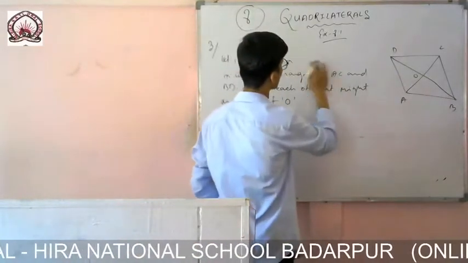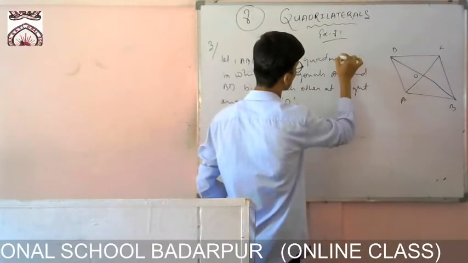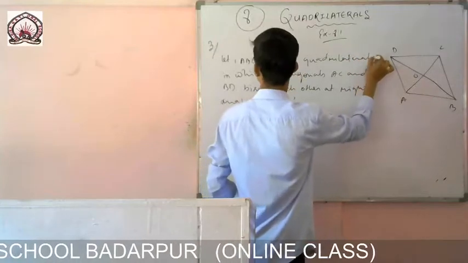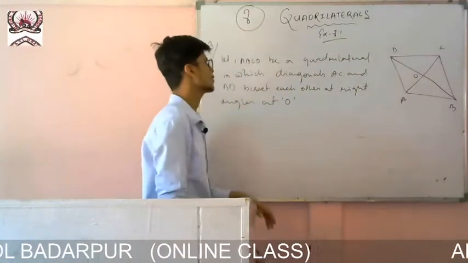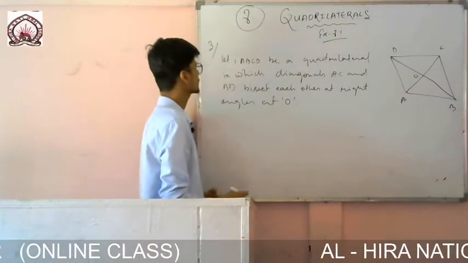I have to prove it is a rhombus. So you write quadrilateral. Let ABCD be a quadrilateral in which diagonals AC and BD bisect each other at right angles at O.